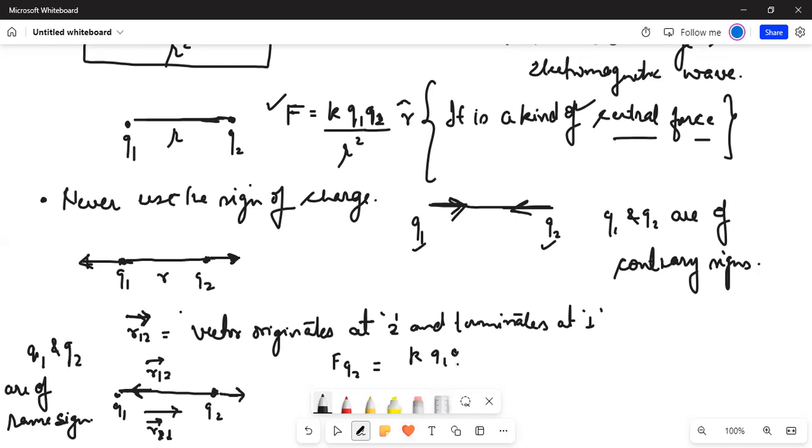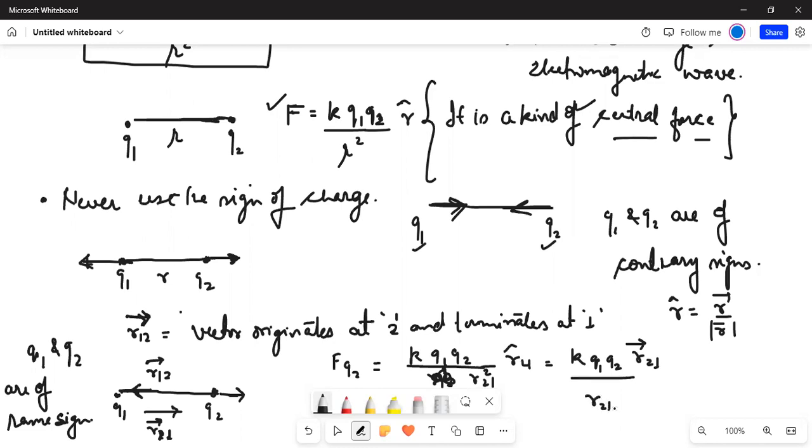So this will be K Q1 Q2 upon R12 squared, or I should write R21 squared, times R21 cap, because this is the direction. If you're aware that the unit vector is given by the vector divided by its modulus, this will give the answer as K Q1 Q2 R21 vector divided by the modulus of R21 cubed.